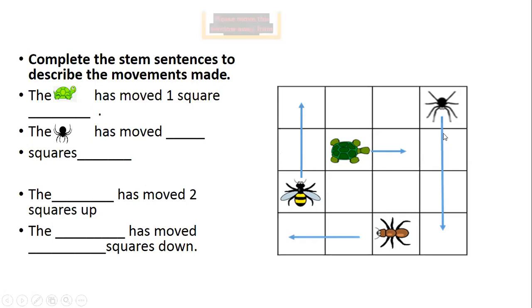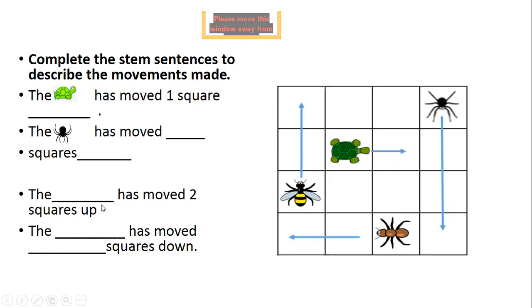Use yourself as an example. If you are asked to move forward, you look at where you are facing. Where you are facing is in front of you, and behind you, where you are not facing, is back. So this spider is moving 3 squares: 1 square, 2 squares, 3 squares forward. Is that okay?